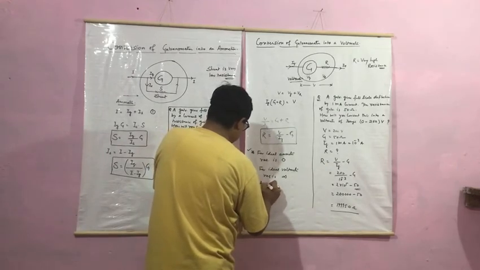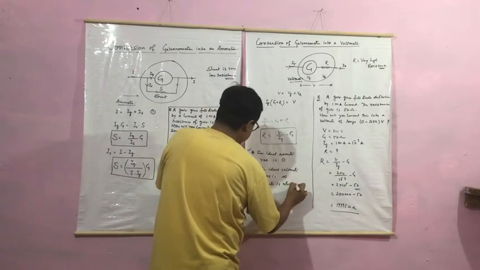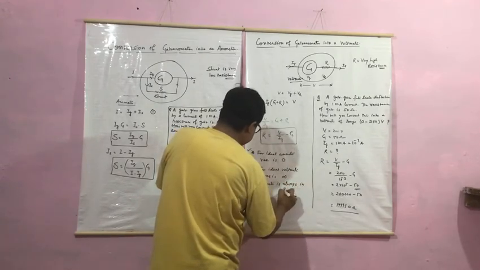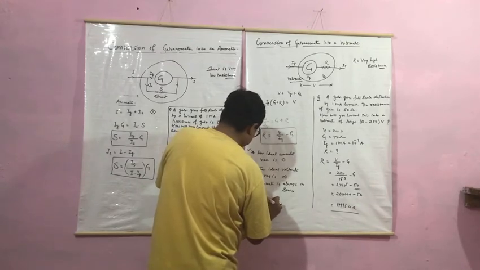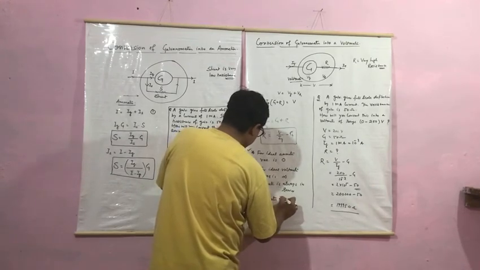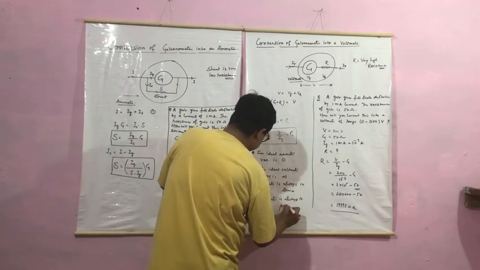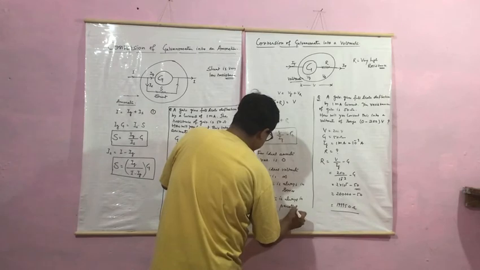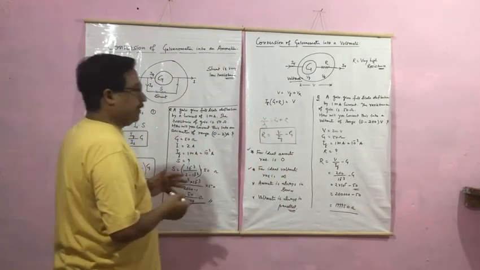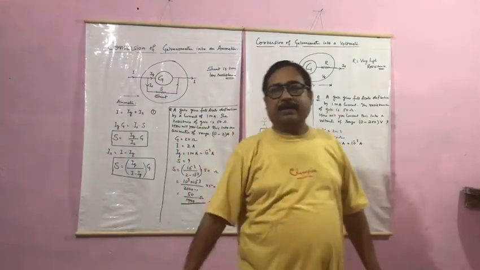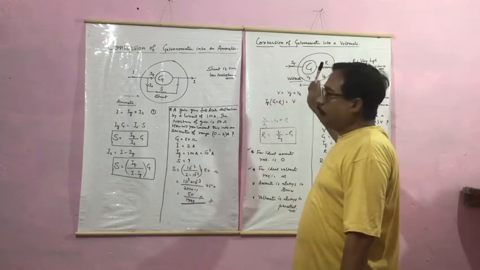Ammeter is connected in series, always in series, and voltmeter is always in parallel. Right? So these are a few important points, and in this way we can convert a galvanometer into an ammeter or a galvanometer into a voltmeter.